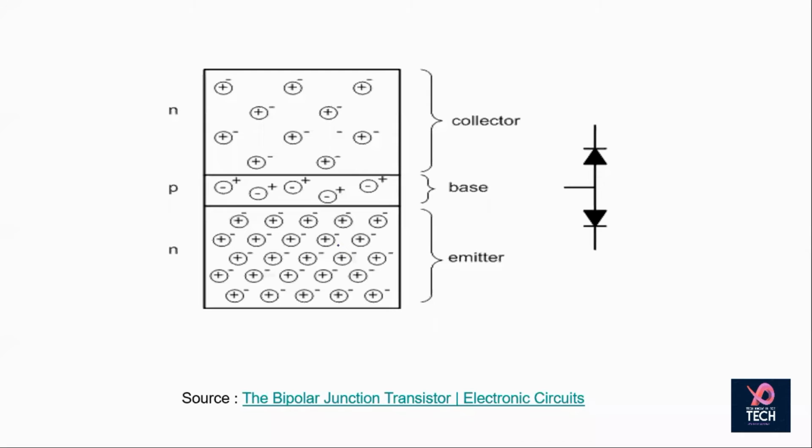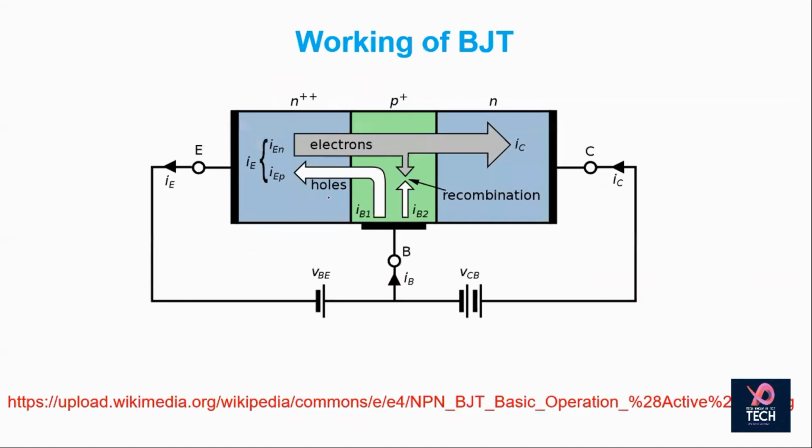Working will be discussed later. Area-wise, the collector is largest, the emitter is smaller, and the base is least. Doping-wise, emitter is heavily doped, collector lightly doped, and base slightly doped. This is the order in which they are doped, as discussed yesterday in the other class.